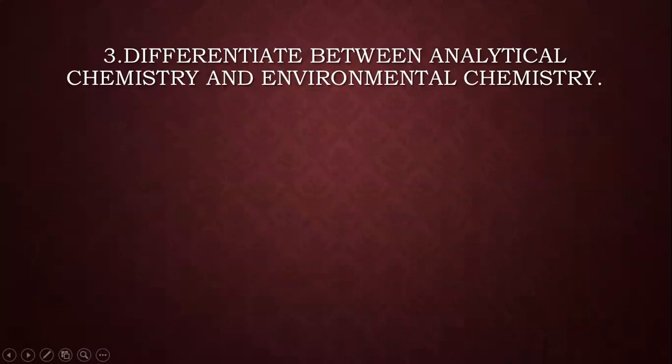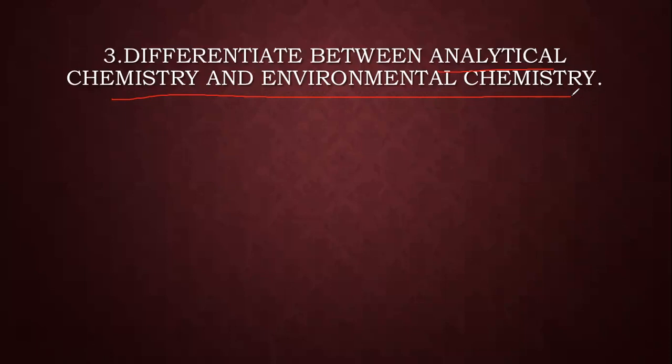Now moving towards question number 3: differentiate between analytical chemistry and environmental chemistry. The basic difference is that analytical chemistry deals with the determination of the composition of material.